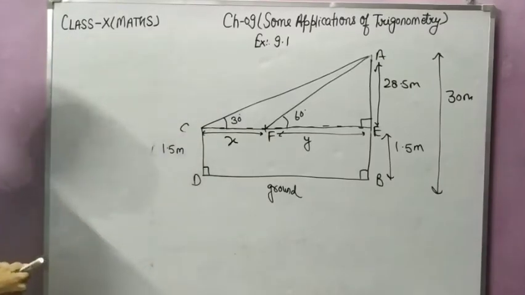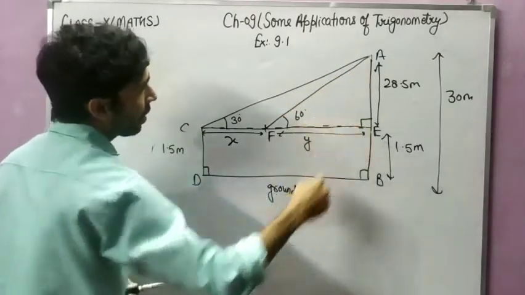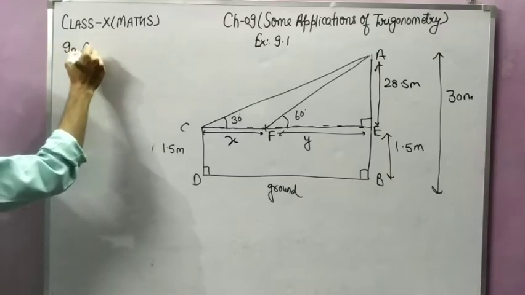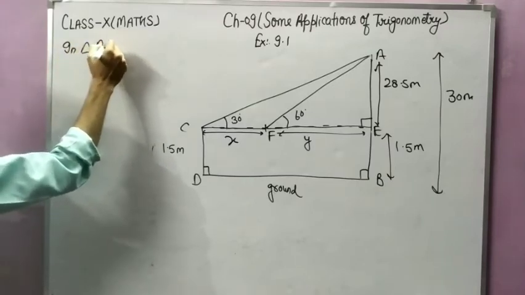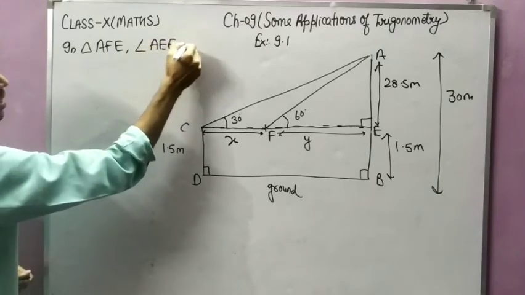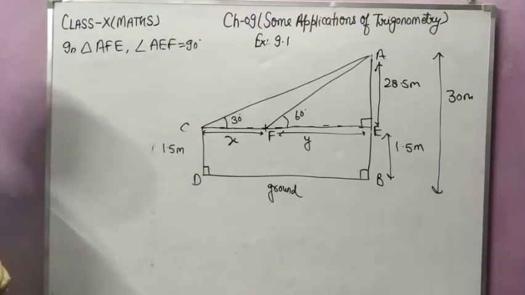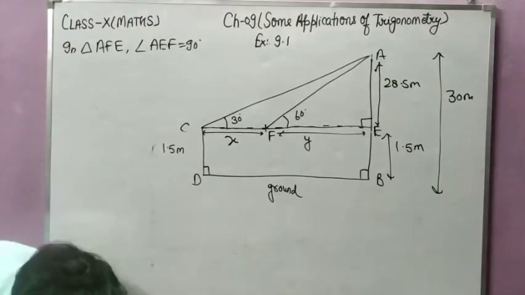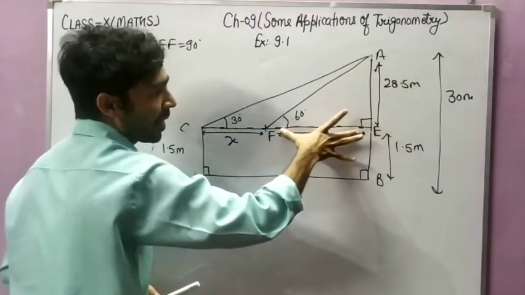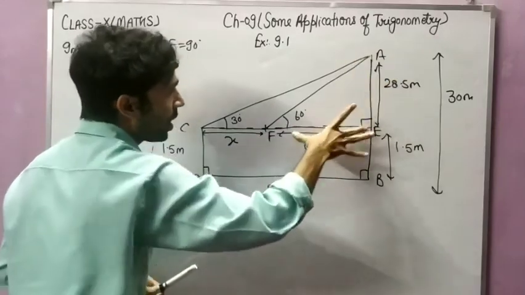So there are two right angle triangles, one is triangle AFE and the other is triangle ACE. So in triangle AFE, angle AEF is 90 degree, so we can apply the trigonometric ratio. See student, it is height and it is base, matlab it is perpendicular and it is base.